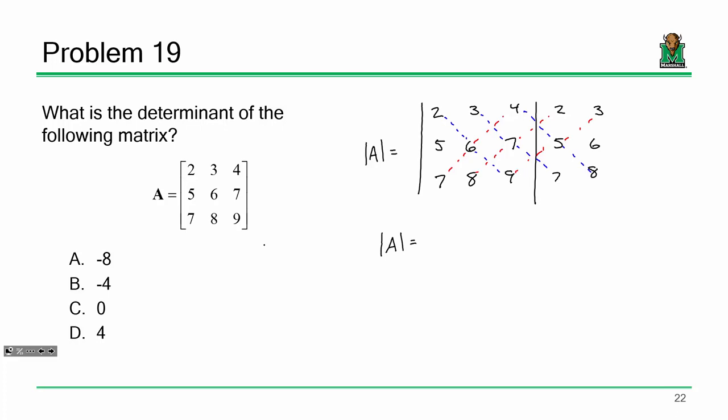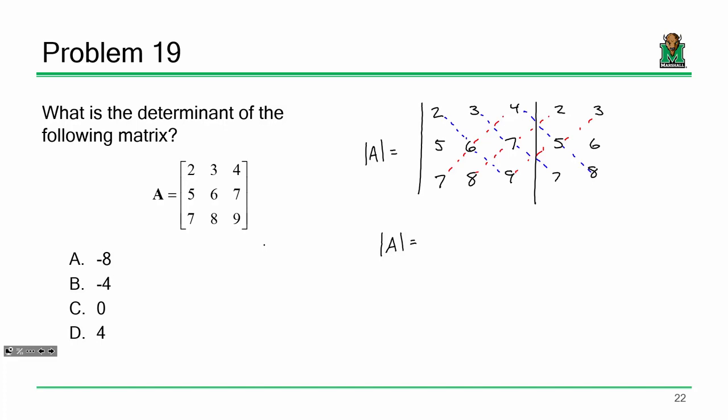You tell me what the answer is. This is one you'll want to do in your calculators. So start off with the blue numbers. So 2 times 6 times 9, 3 times 7 times 7, 4 times 5 times 8. All those need to be added.